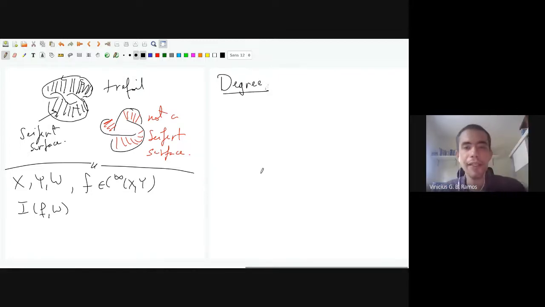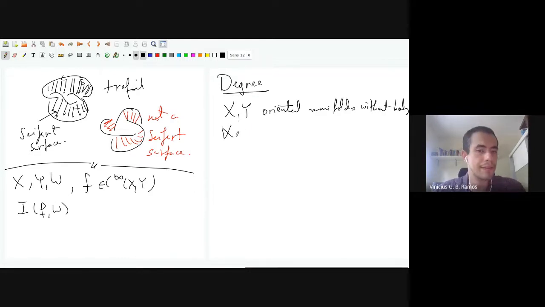So the degree, the setting is the following. X and Y are oriented manifolds without boundary. X is compact.